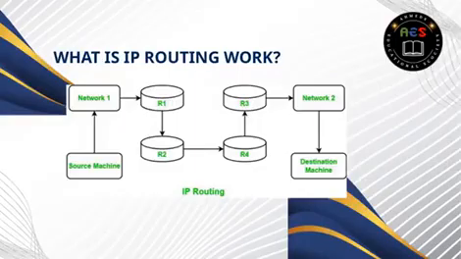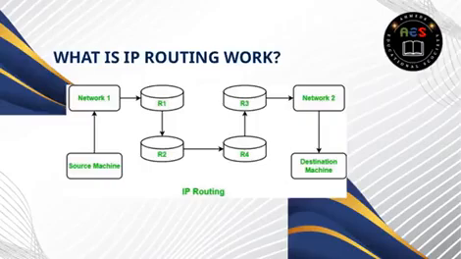So, what is IP routing all about? Well, at its core, IP routing is the process that determines how data packets travel across networks to reach their destination. It's like the GPS of the internet, guiding packets from one point to another efficiently. When we talk about IP routing, we're focusing on the key role it plays in connecting different networks and ensuring data gets where it needs to go.